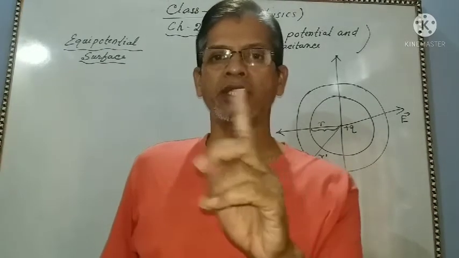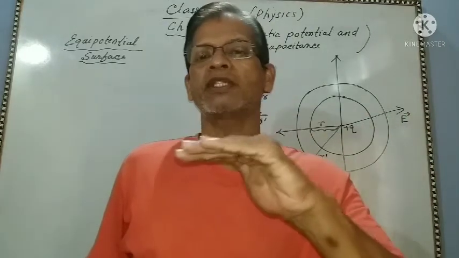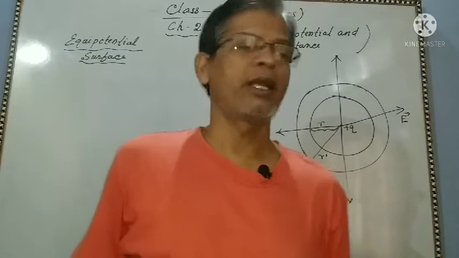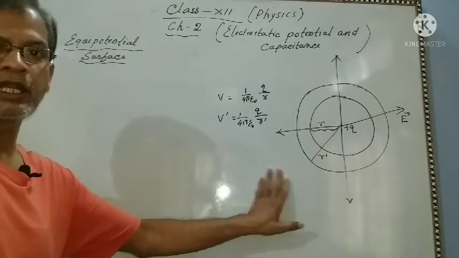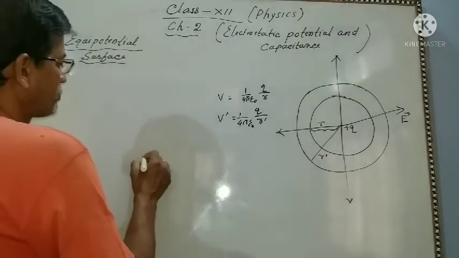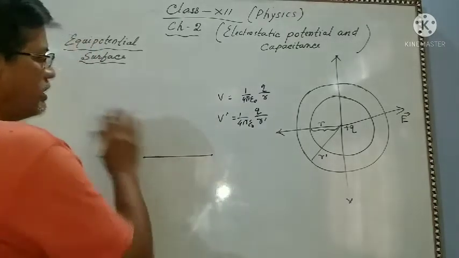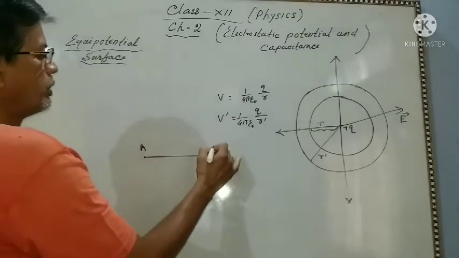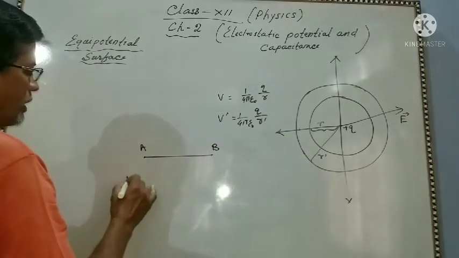In an equipotential surface, if a charge moves from one point to another point, there will be no work done. Suppose this is an equipotential surface and a charge is taken from point A to point B. Then what will be the work done?